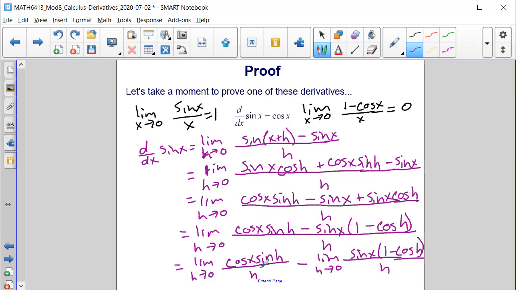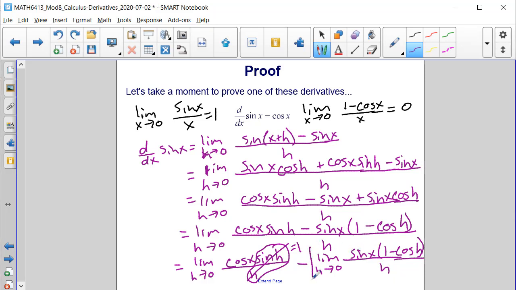over h. And now we know that sine of x over x is equal to 1. So that means that the sine of h over h is also 1. So this cancels out. And then we have 1 minus cosine of h over h is equal to 0.